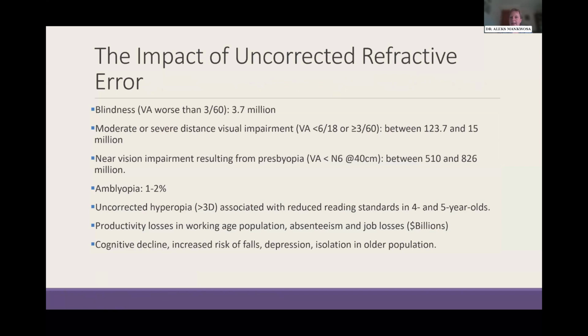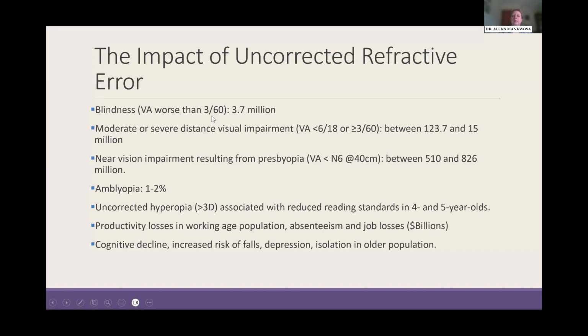Just thinking finally about the impact of uncorrected refractive error. As I said before, there are many studies now coming out that are showing us the impact of uncorrected refractive error on patients worldwide. Of course, a lot of this will be in countries where there is limited access to eye healthcare professionals, but not just in those countries. These problems affect patients all over the world.